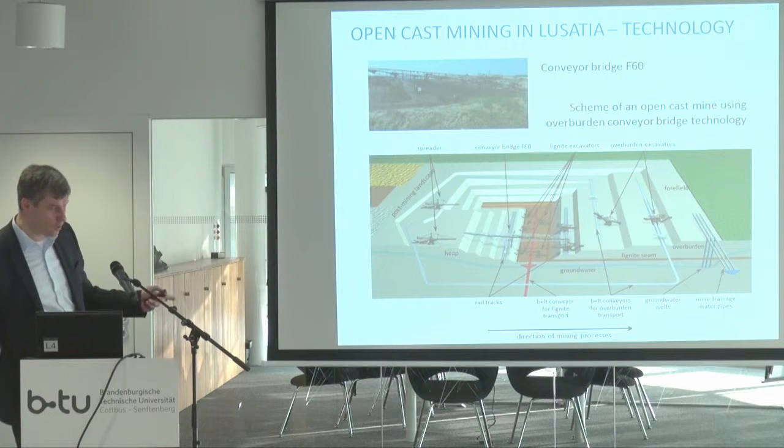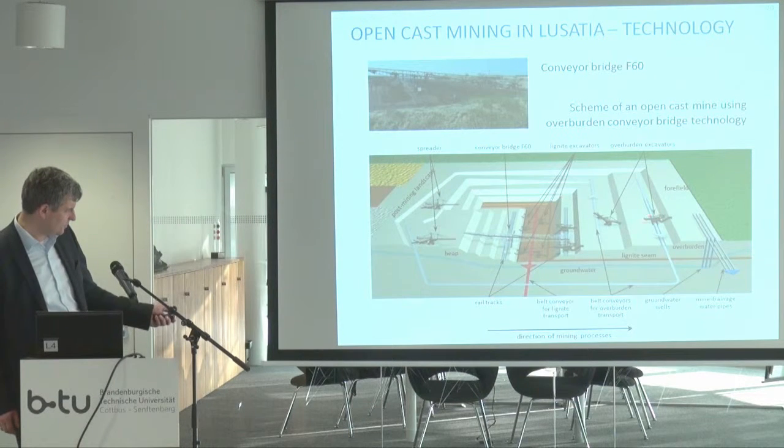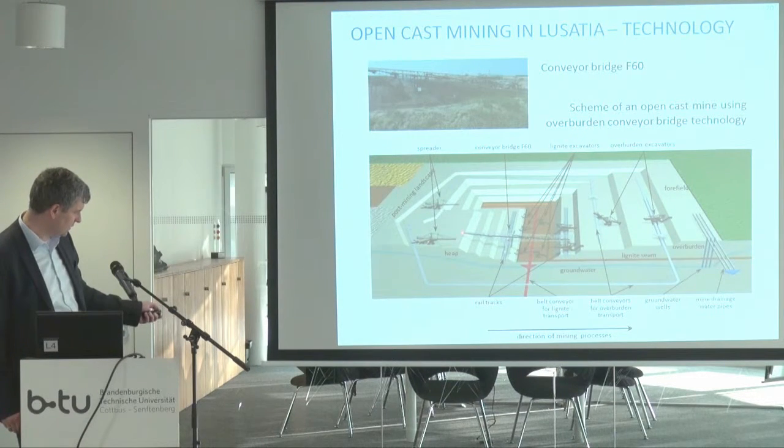So smaller excavators have to dig out the material in the forefield until there are 60 meters left, and then the conveyor bridge transports the overburden from this side to the heap side.